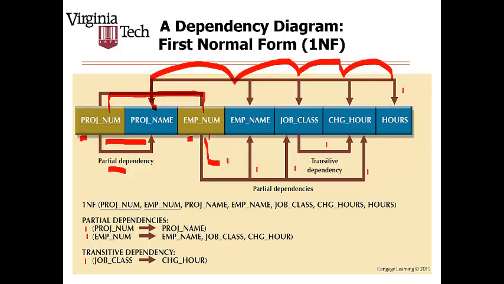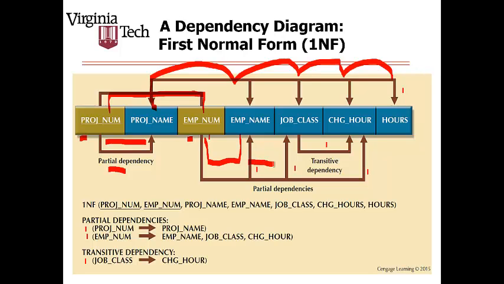Similarly, to know the employee name, all I need to know is the employee number. The employee's name doesn't change depending on what project they're on. So the entire key of project number and employee number is not needed to know the appropriate value of employee name. There is a partial dependency of a part of the key, employee number, determining the employee name attribute.